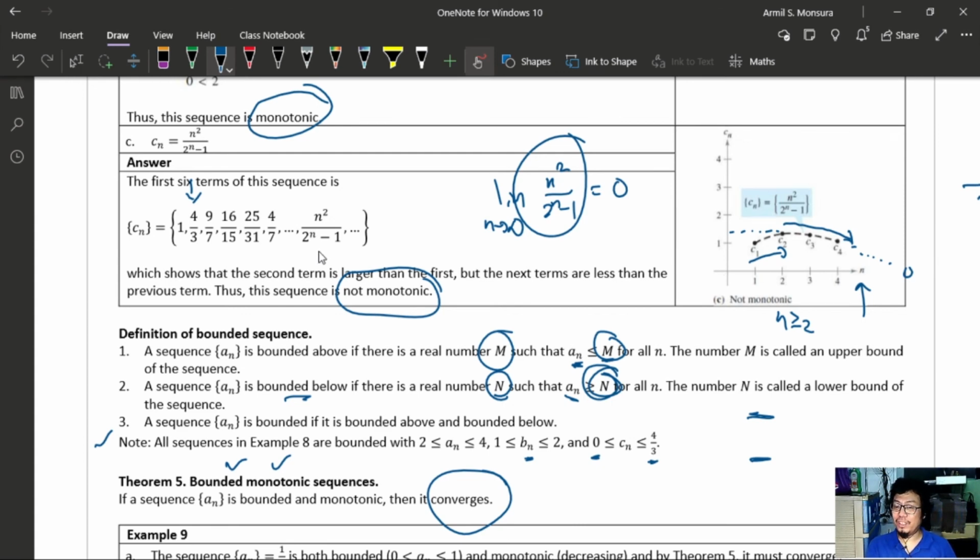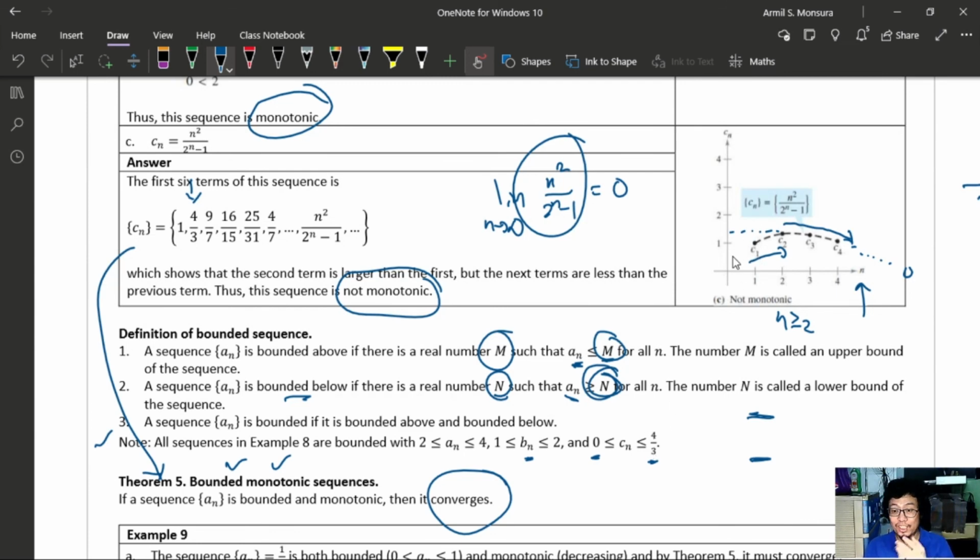We will not be jumping to a conclusion by using theorem 5 to say that the sequence Cn is divergent. This is convergent. It is just that not all sequences that are not monotonic are divergent. It's just not monotonic.